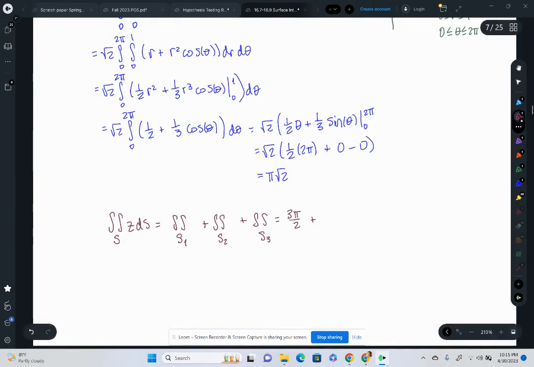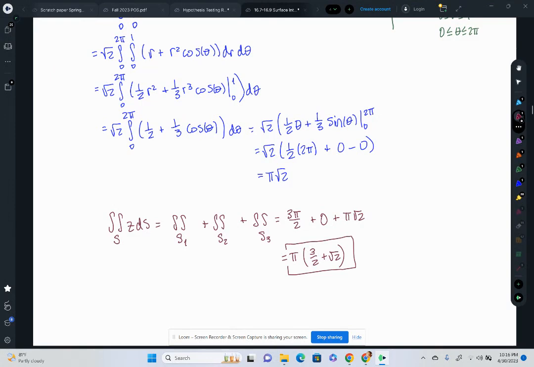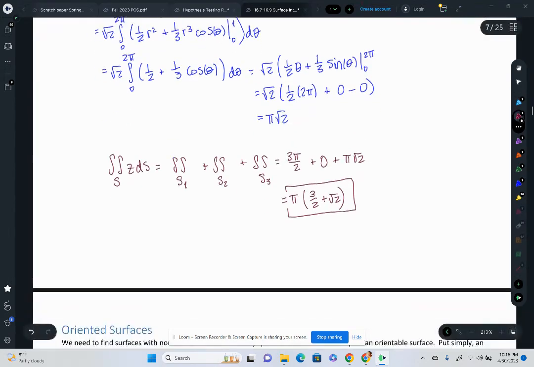From S2, we got 0. From S3, we got pi square root of 2. So our final answer, we could write as pi times 3/2 plus square root of 2. And that's it. That is the value of the surface integral for when f of x, y, z is z, and we're integrating over these 3 surfaces.